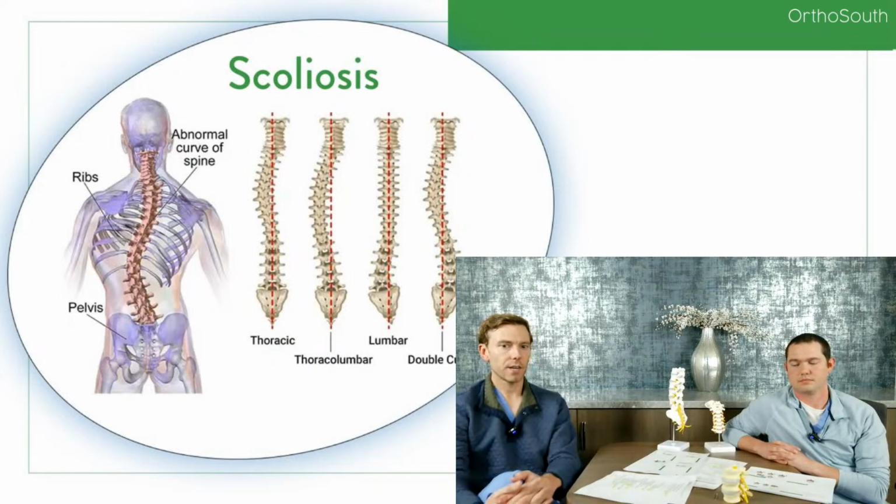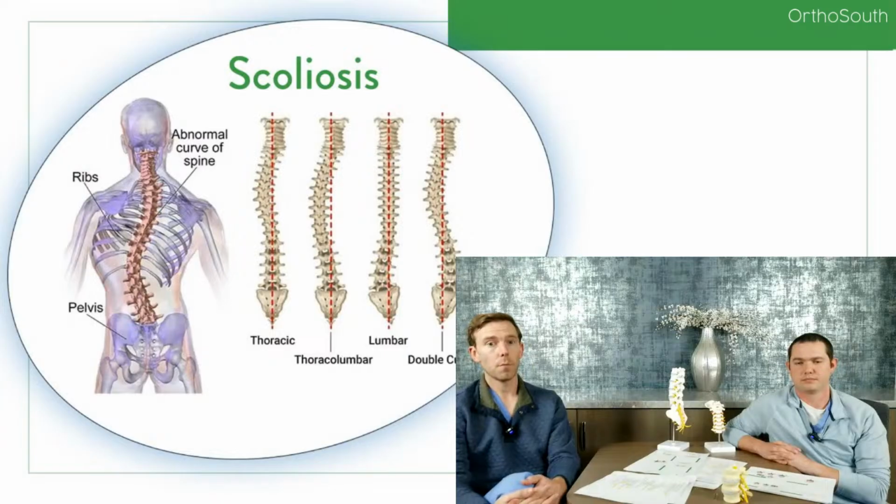So there are different types of scoliosis that can affect different parts of your spine or your whole spine. But when you hear the term scoliosis, it's referring to this curvature looking at a front view of your spine. And it's another form of spinal instability, just like the spondylolisthesis that we looked at a second ago.